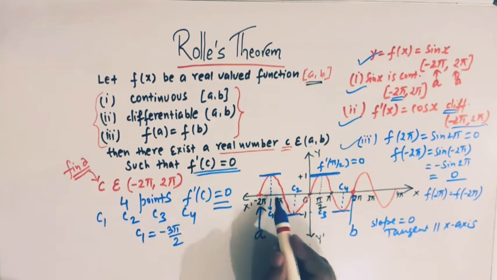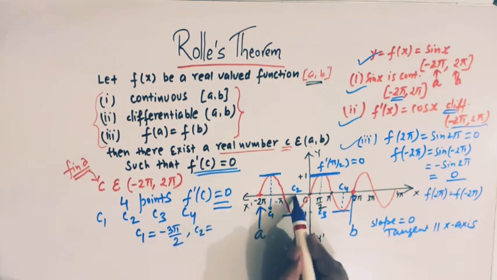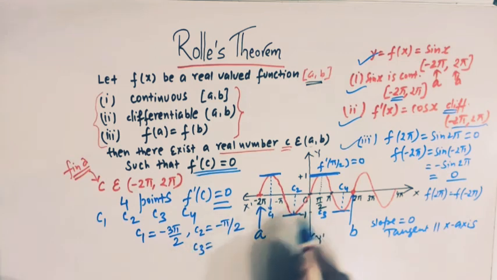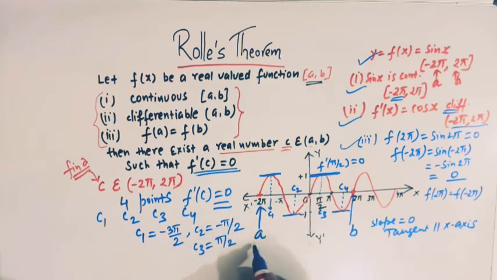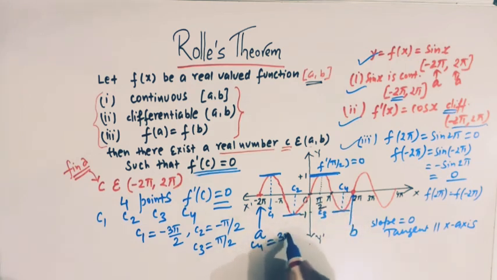So c1 is minus 3 pi by 2, c2 is minus pi by 2 from the graph, c3 is pi by 2 and c4 is 3 pi by 2, right? So this is how with the help of graph we can explain Rolle's theorem.